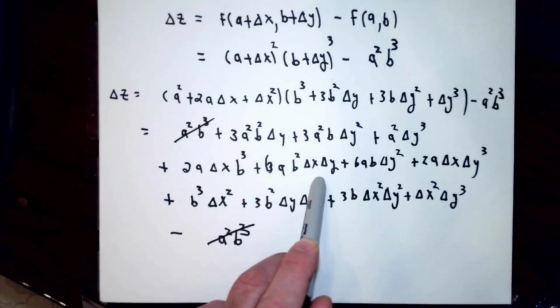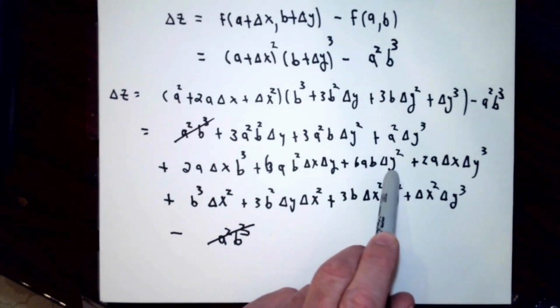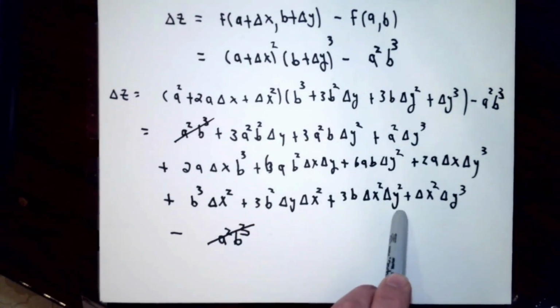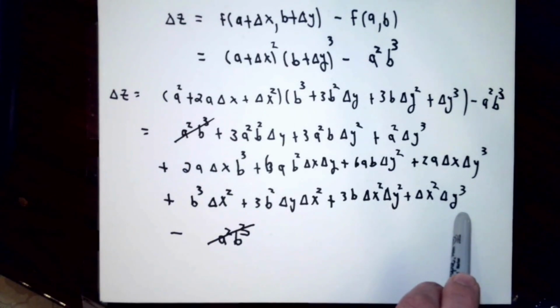Got two factors, delta x and delta y. Got two delta y's. Got three delta y's. That doesn't have any delta y in it. That has a delta y, but it also has two factors of delta x. That has more than one factor of delta y, and so does that one.